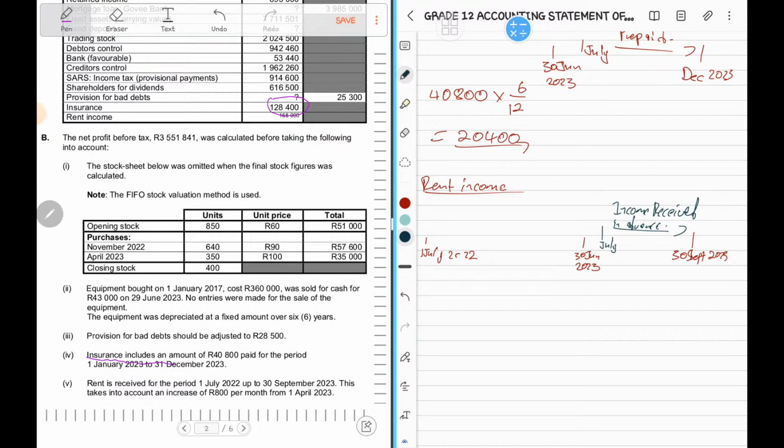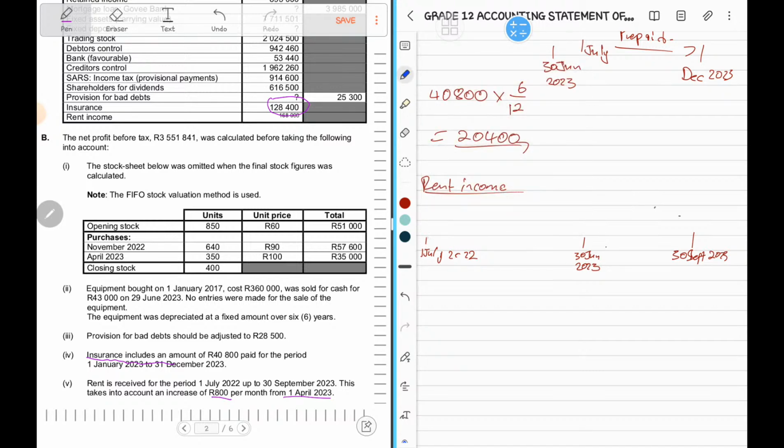It overstated our profits. So what we are going to do, we have to take note of the increase that was effective from the 1st of April. So to do this, it's very simple. We are just going to use this timeline here. Let me put a blue color.